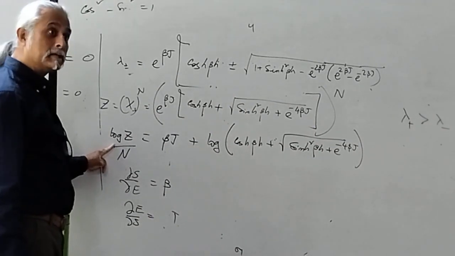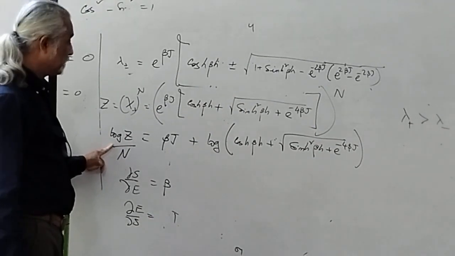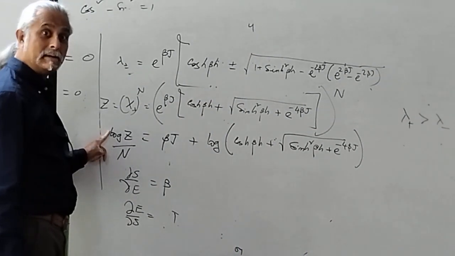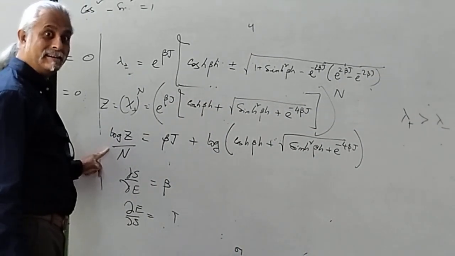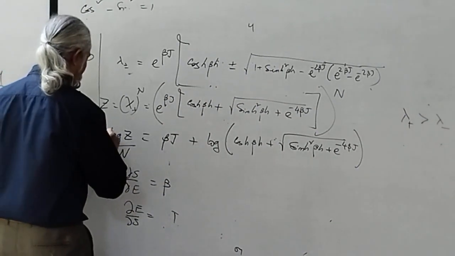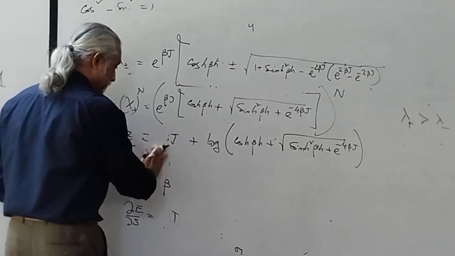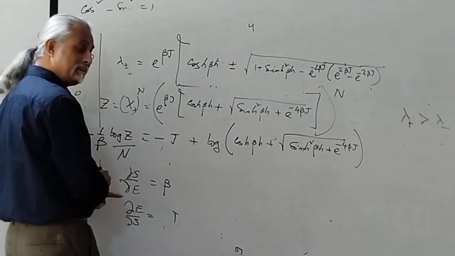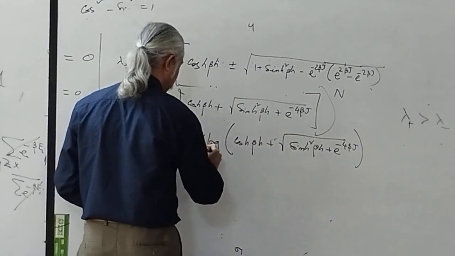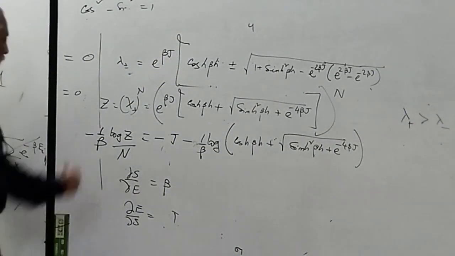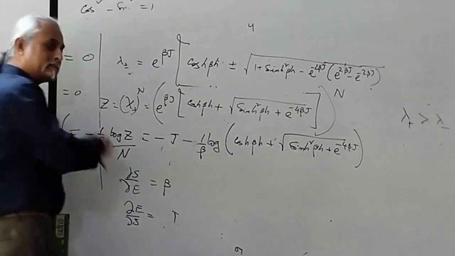আর ফ্রি এনার্জি বানাতে কি করতে হবে আমার? মাইনাস 1 বাই বিটা দ্বারা গুণ করতে হবে, হ্যাঁ? তাহলে মাইনাস 1 বাই বিটা করলে এই বিটা ক্যান্সেল, একটা মাইনাস আসবে, আর এখানে আসবে 1 বাই বিটা মাইনাস, and that is nothing but free energy per side small m.